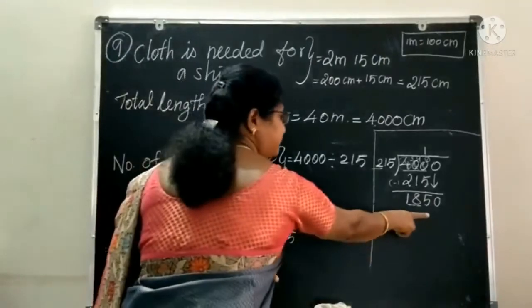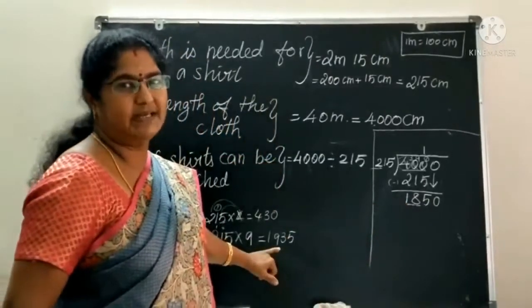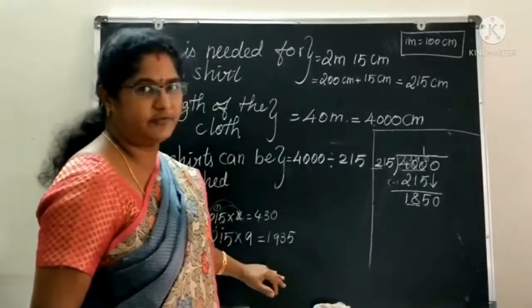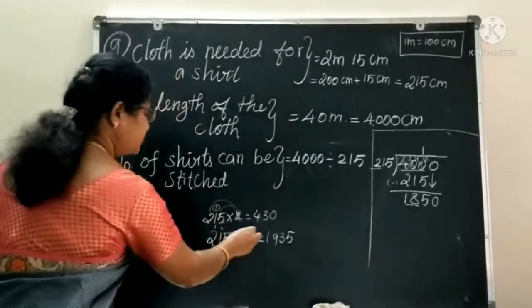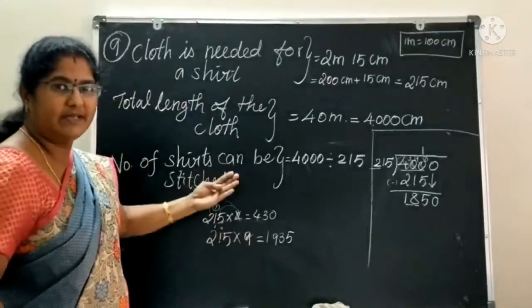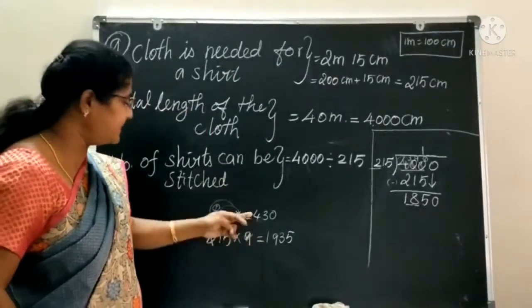Compare with this. It is bigger than 1850. So it is also not possible. So what will be? The smaller number, the previous number.